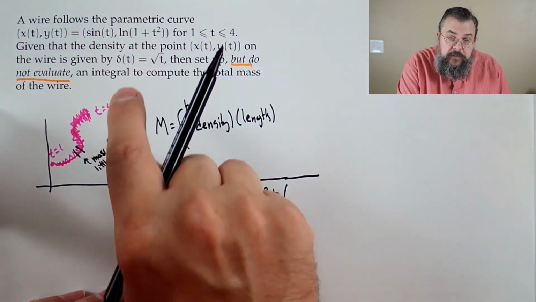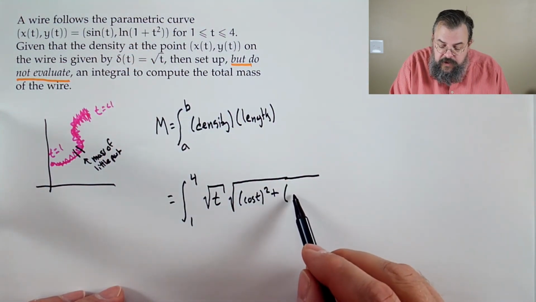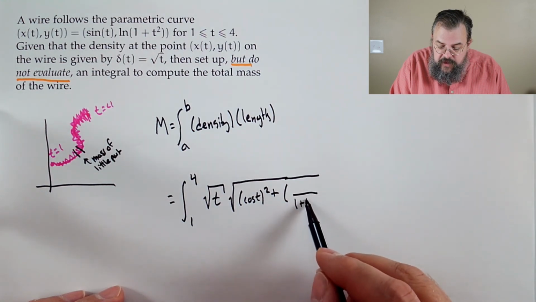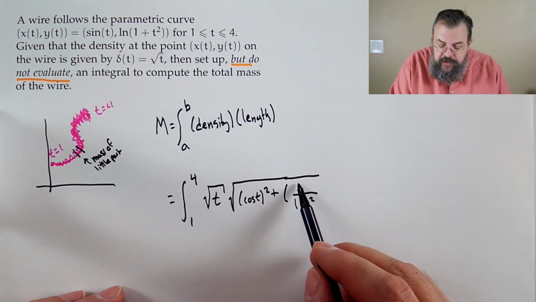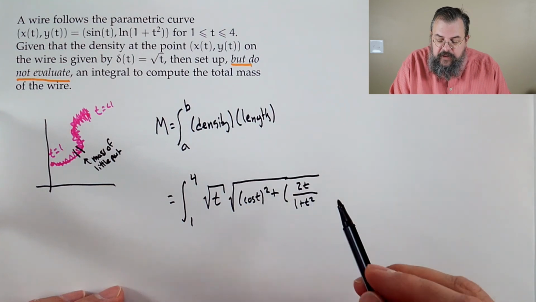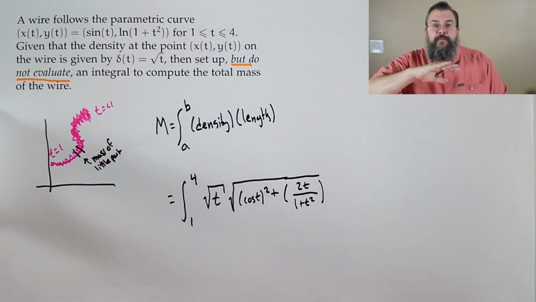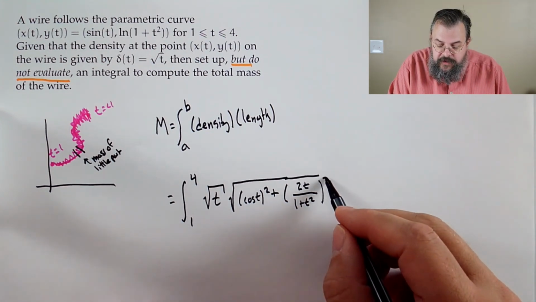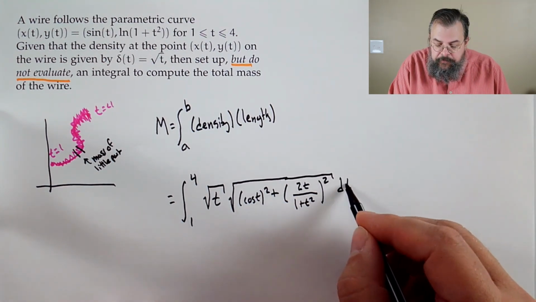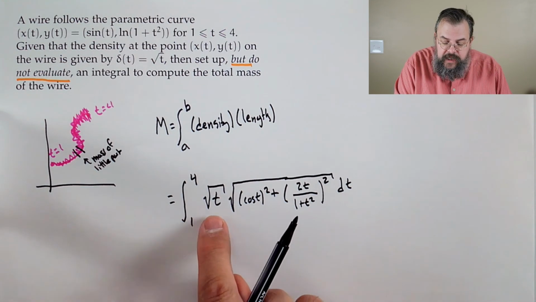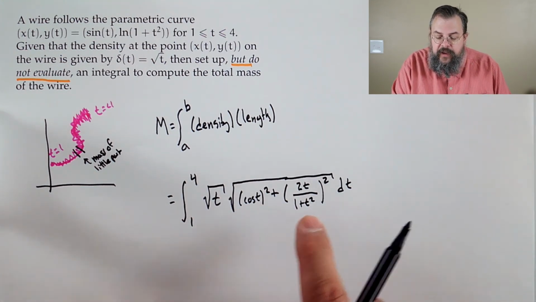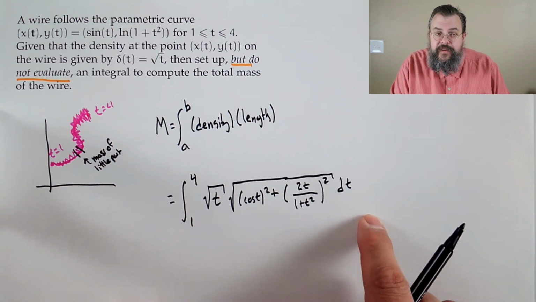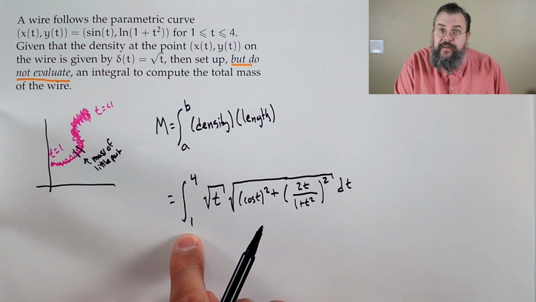Well, whenever we take a derivative of a log, we do 1 over the inside, so 1 plus t squared, times the derivative of the inside, which goes on top. So it's the function on the bottom, derivative of the top. That's how you take the derivative of a log of a function, squared, dt. So density, length. That's the mass of a little piece. Add it up. That's the total mass.